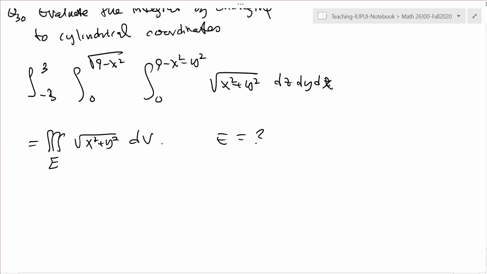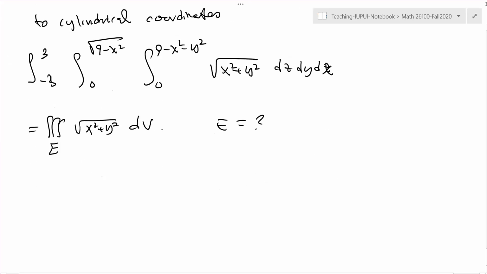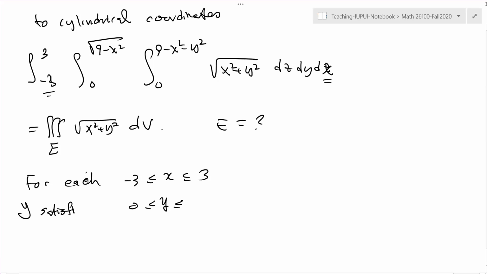Take a look at the picture over there. x has no restriction: for each x between -3 and +3, the y variable is between 0 and a bound controlled by x.